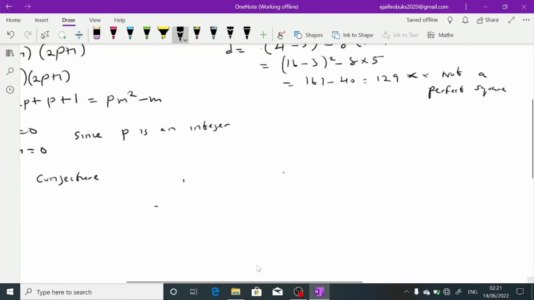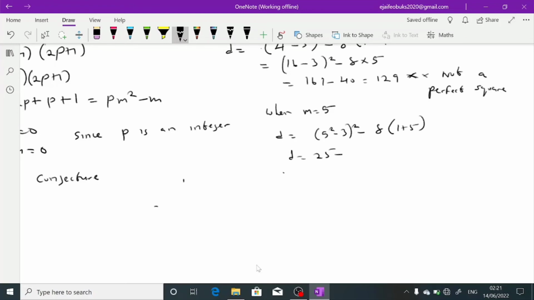Let's do for 5. When m equals 5, it doesn't really take anything from us. It's 5 squared minus 3 all squared minus 8 into 1 plus 5. This is 25 minus 3 all squared minus 8 times 6. This is 22 all squared minus 48, 484 minus 48, 436.